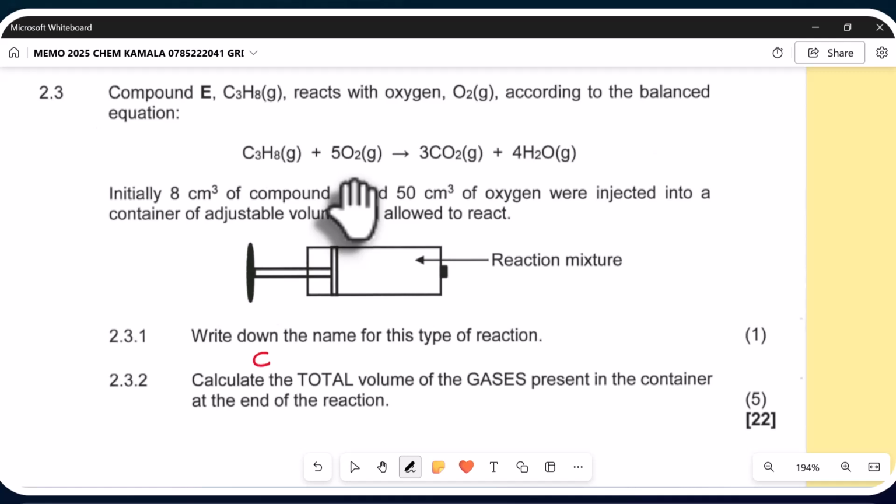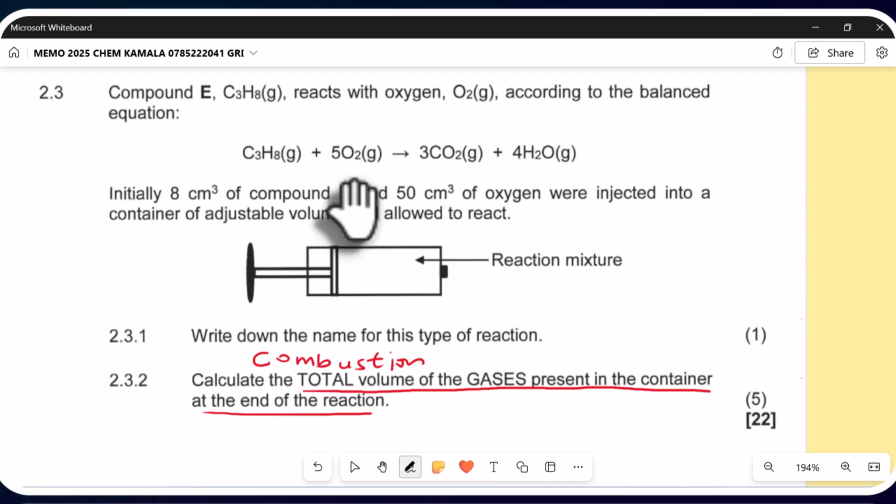We have propane plus oxygen. Initially, 8 cubic centimeters for compound E and 50 cubic centimeters for the oxygen.